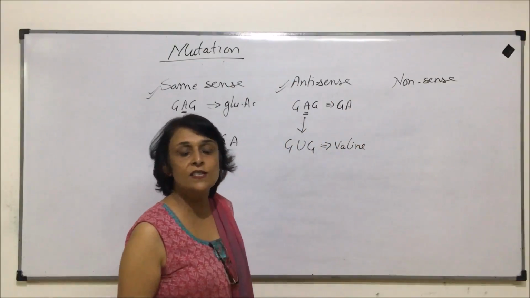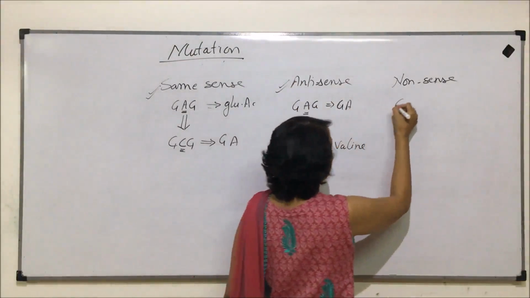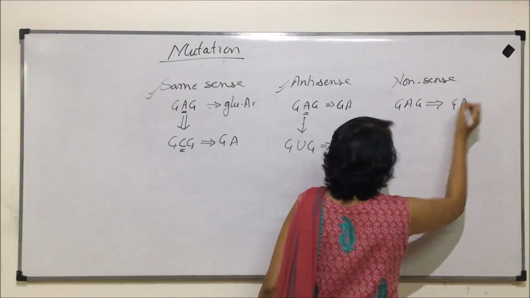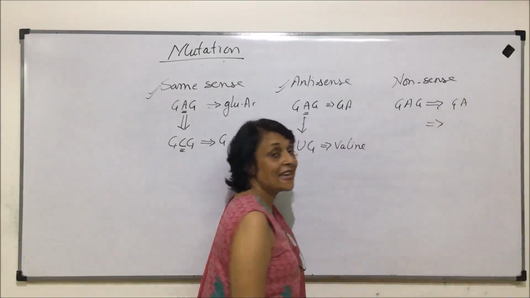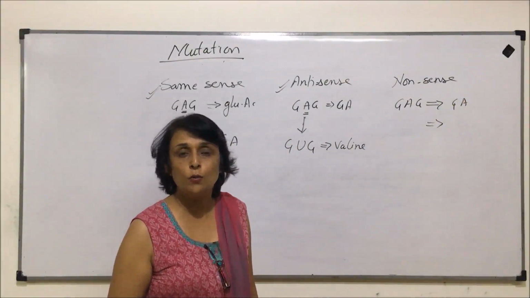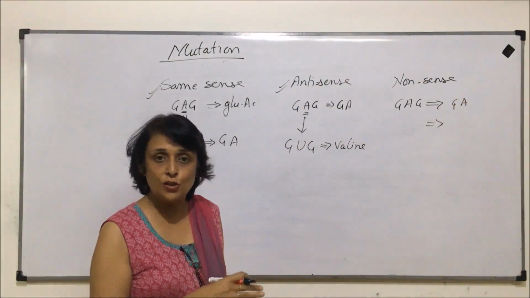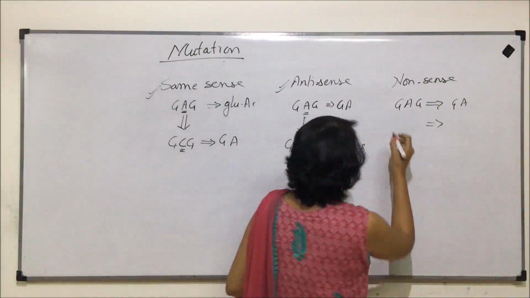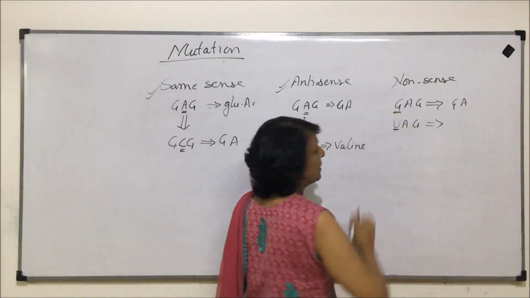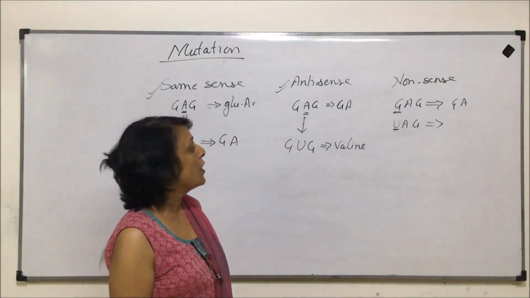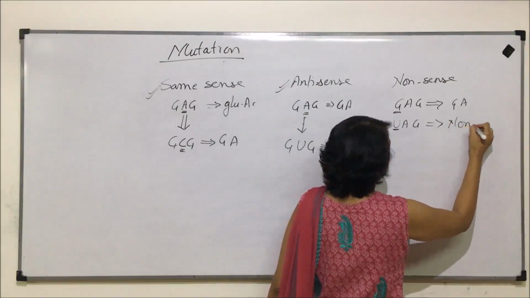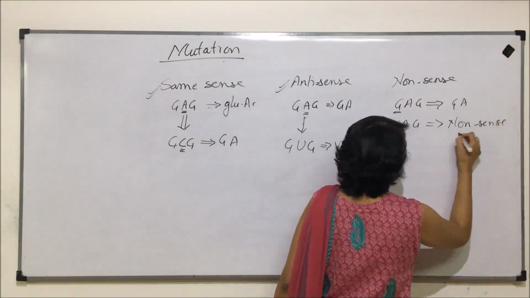And non-sense mutation means, say if we are talking of GAG again, it codes for glutamic acid. Instead, if there is a non-sense codon which comes in its position, suppose if we take example UAG, here the mutation is taking place at the first position. So if it is UAG, it is a non-sense codon.